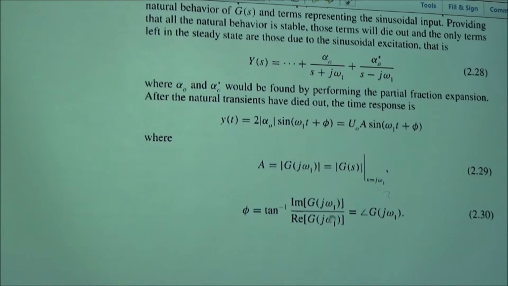The phase is going to be the angle of g(j omega), imaginary divided by real with a tangent inverse, or arctangent. That's how you calculate it.